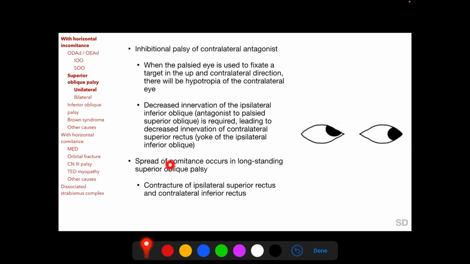And spread of comitance in superior oblique palsy occurs due to contracture of ipsilateral superior rectus muscle because of long-standing hypertropia of the affected eye, and contracture of contralateral inferior rectus muscle because of long-standing hypotropia of the fellow eye.